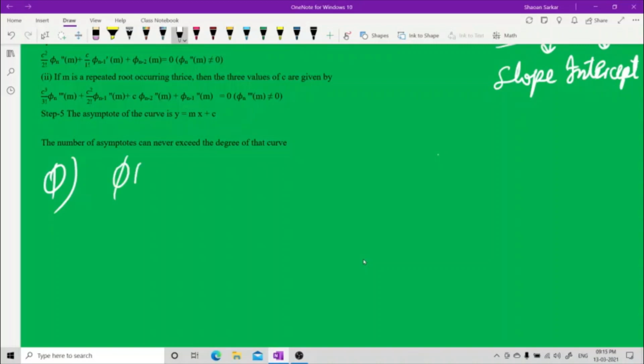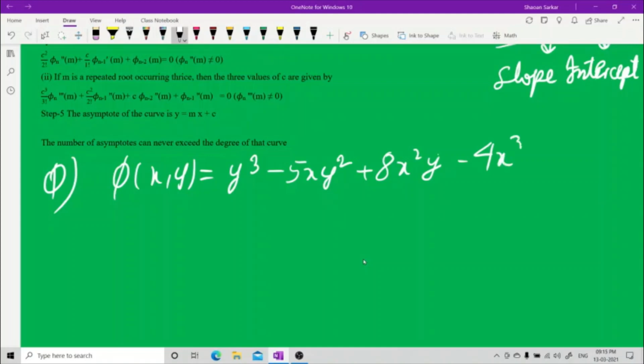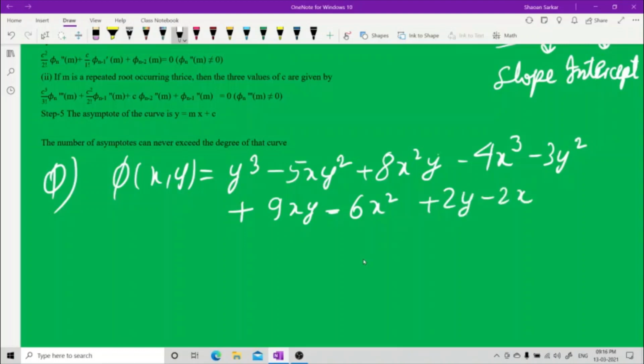y cube, phi of x comma y, is written as y cube minus 5x y square plus 8x square y minus 4x cube minus 3y square plus 9xy minus 6x square plus 2y minus 2x plus 1 equal to 0.